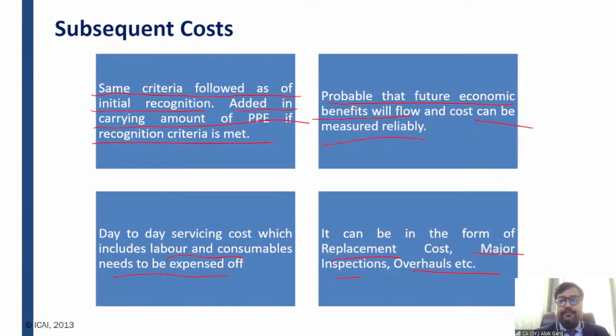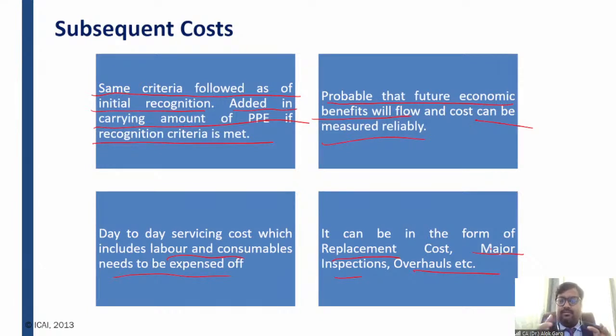For example, you have replaced the engine of the truck. Of course it is a major replacement and it has to be capitalized, right? Now you have just replaced a tire of the truck. The cost of the truck is, let's say, 25 lakh. The cost of 4 tires is, for example, 40,000 rupees.